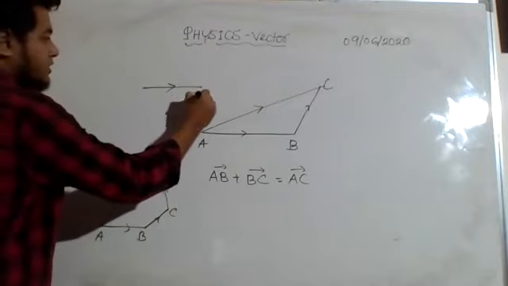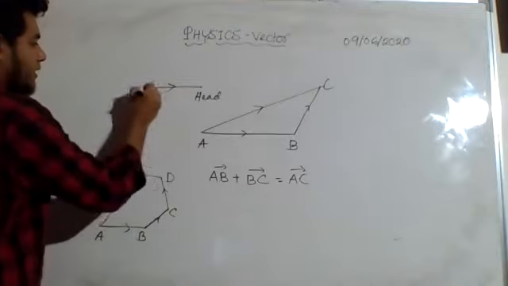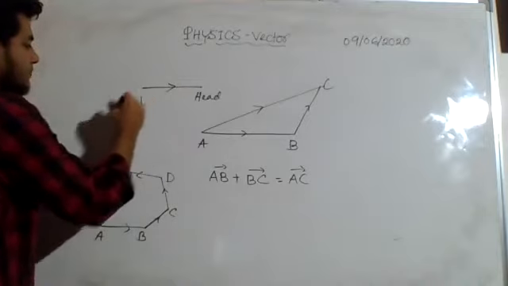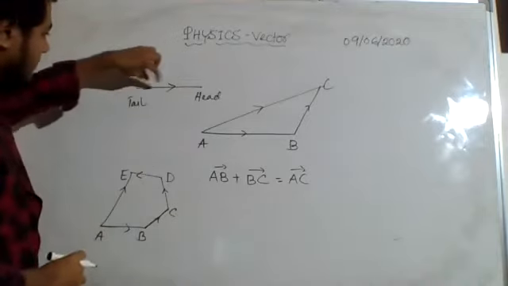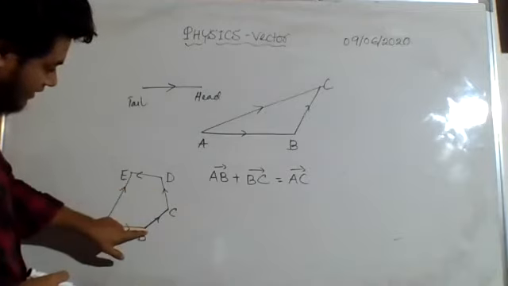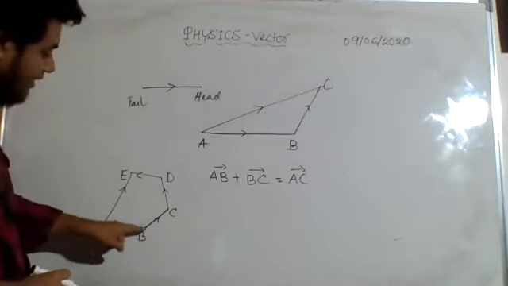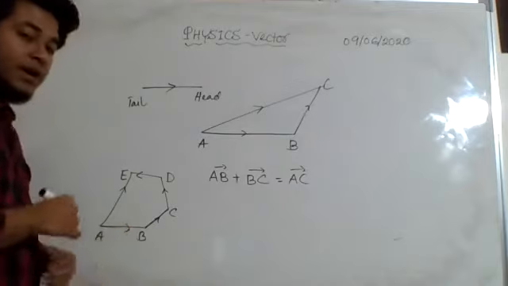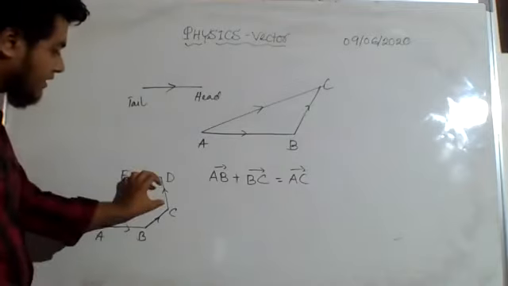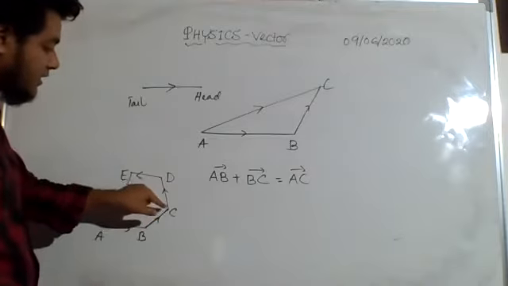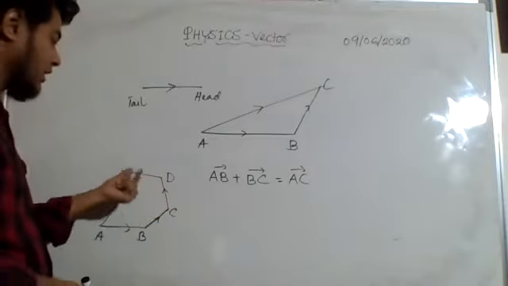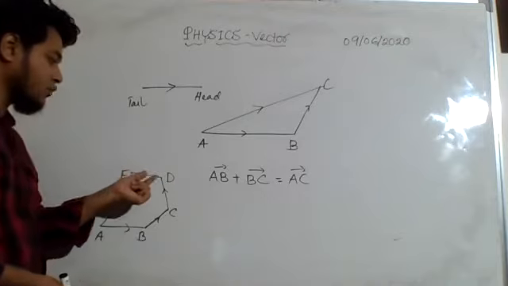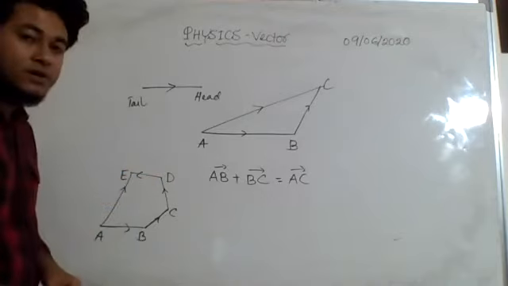This point is head and this point is tail. So the tail of the second vector is placed at the head of the first vector, that means both the points are same, and subsequently the tail of the third vector is placed at the head of the second vector, and the tail of the fourth vector is placed at the head of the third vector.